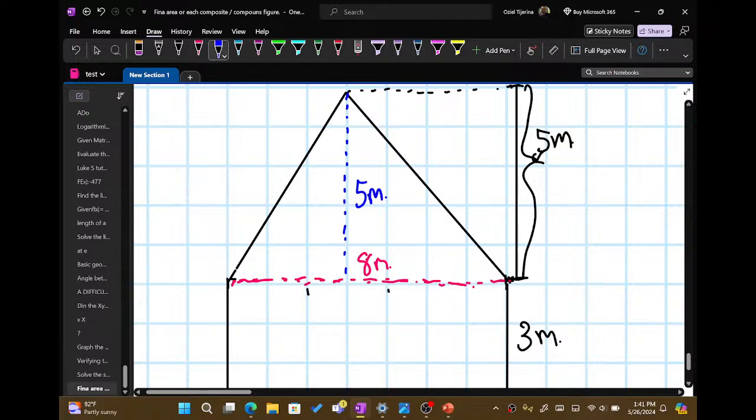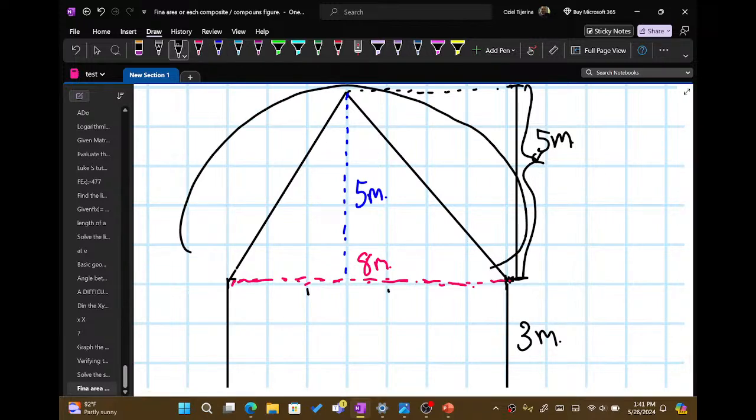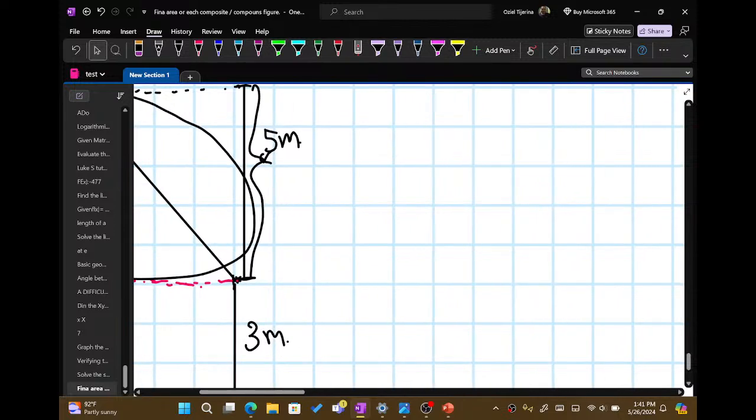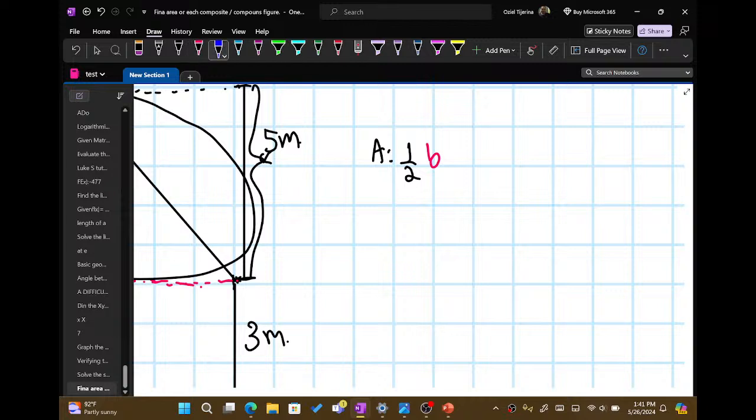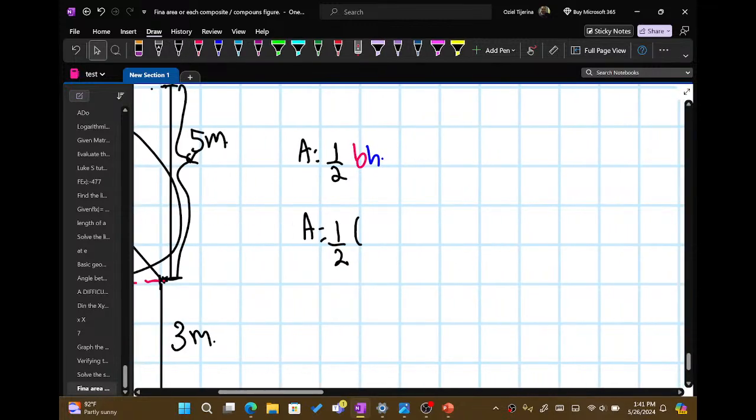Now in this portion, the area of a triangle again is 1/2 base times height. This is 1/2 times 8 times 5.